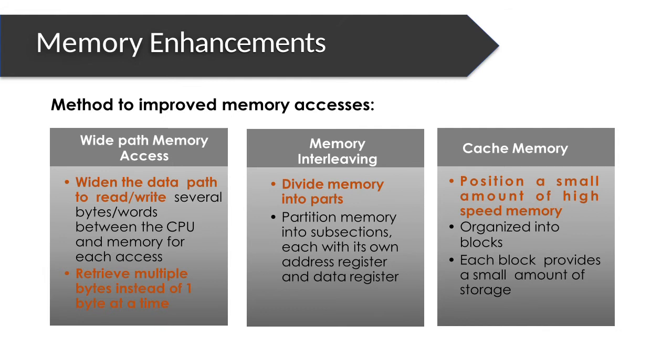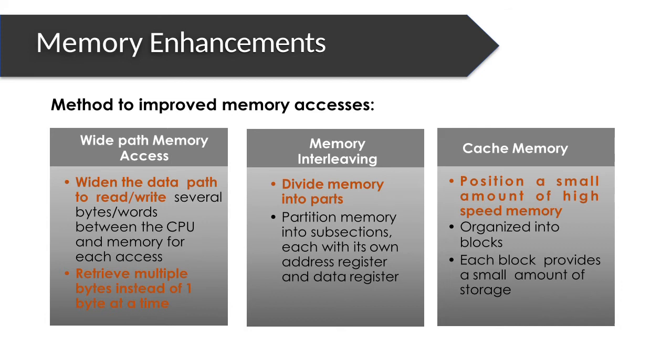The first method is the wide path memory access. This method provides a wider path, or a bigger way, for the CPU to access the memory, meaning that the CPU can retrieve multiple bytes of data in the memory instead of 1 byte of data at a time. While the memory interleaving method divides the memory into several parts.